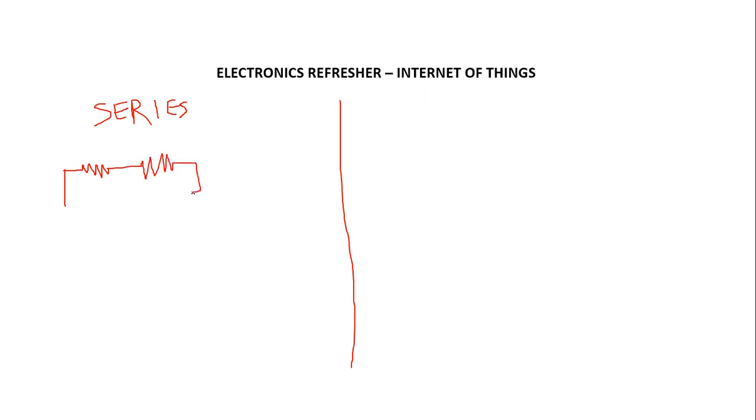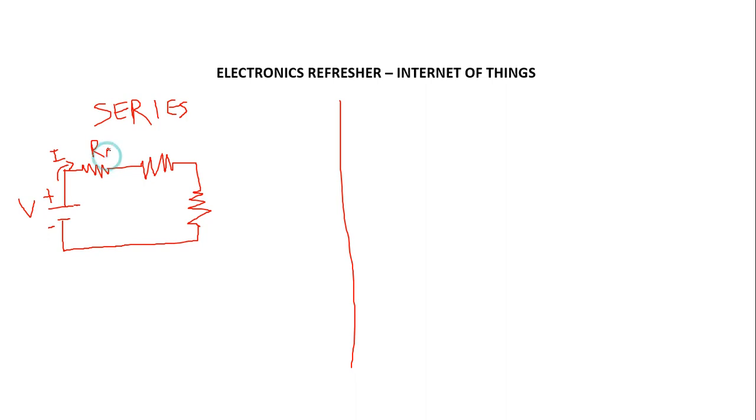Here we have another resistor. Here we have another resistor. Here we have our battery. And here we have our current.